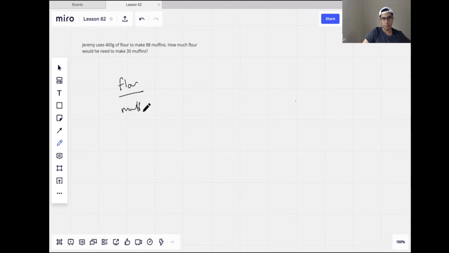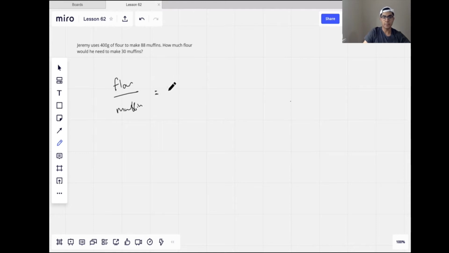The flour per muffin ratio, we can assume, stays constant. Whenever you're cooking, if you need to double the recipe, you just add twice as many ingredients. So we know the flour per muffin ratio stays constant.